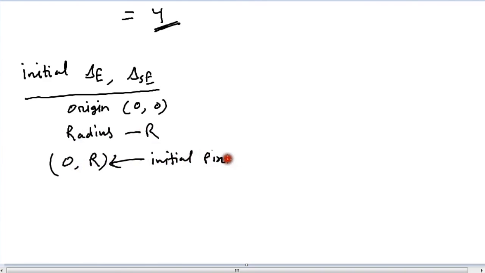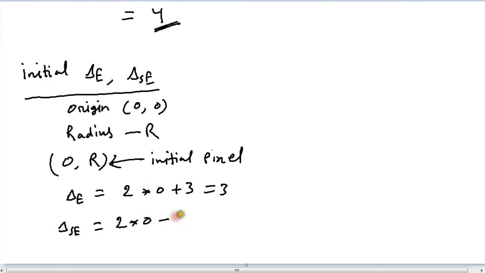So in this case, our del E becomes twice XP plus 3, so 2 into 0 plus 3, which is 3, and our del SE is twice XP minus twice YP plus 5. Twice XP is 0, twice YP is 2 into r, because YP is r in this case, plus 5, and this gives us 5 minus twice r.